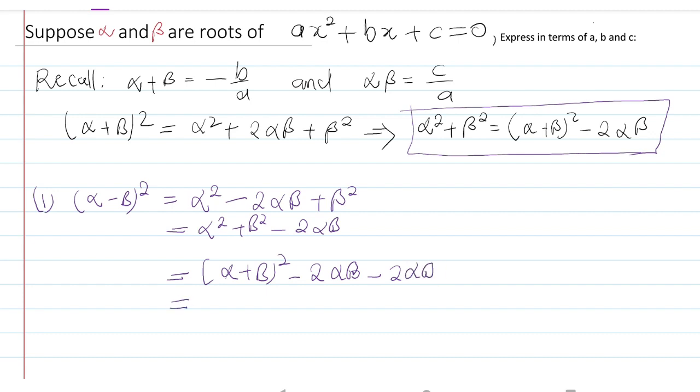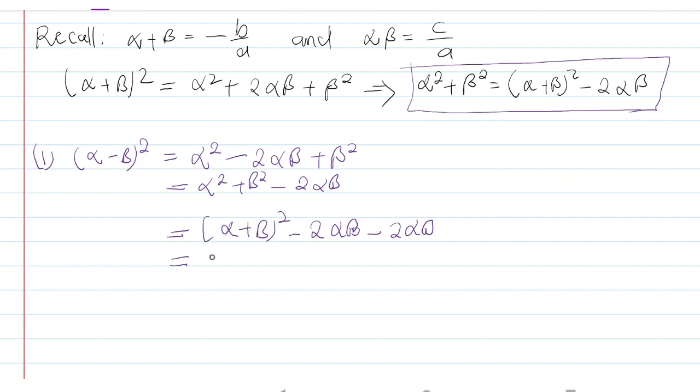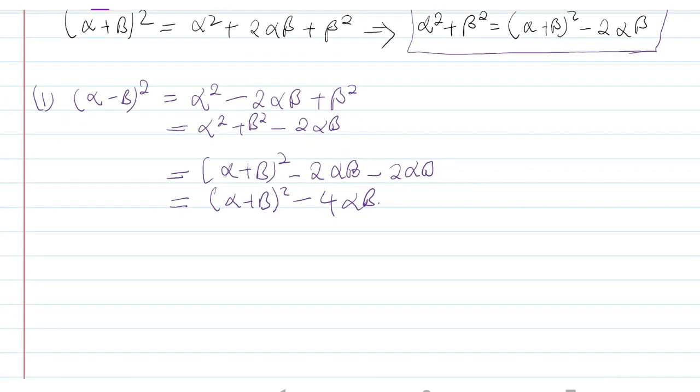So this gives us alpha plus beta squared minus 4 alpha beta. Remember, in every expression we are looking for alpha plus beta and alpha beta. So that was number one.